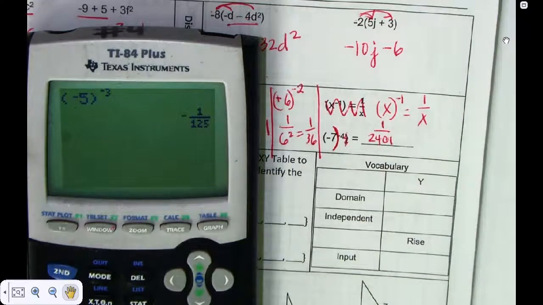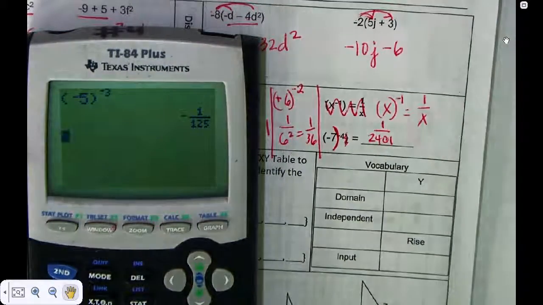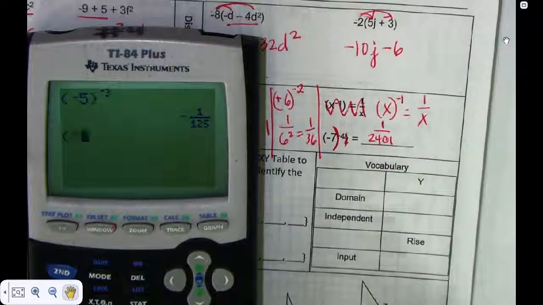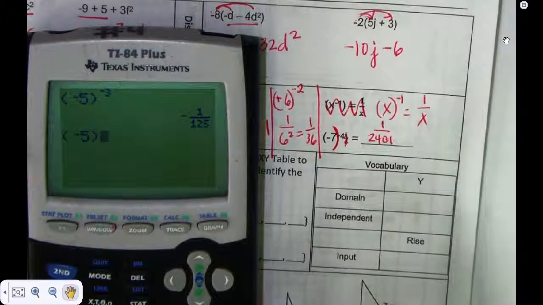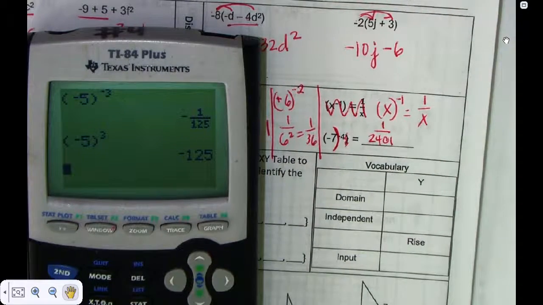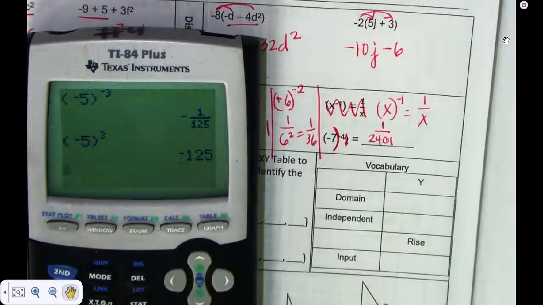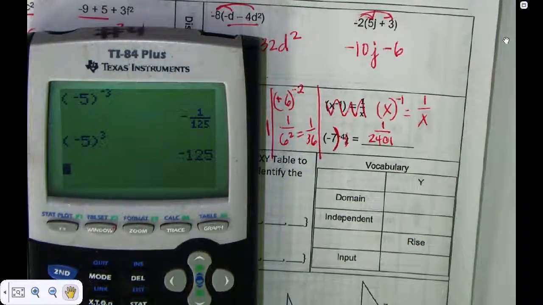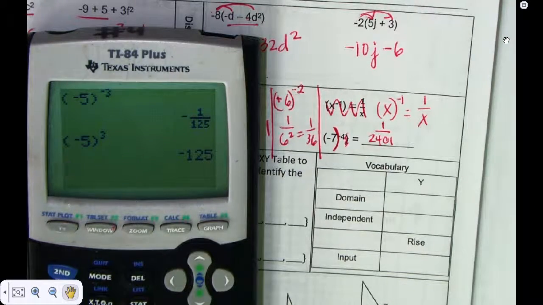The 3 is odd. Guys, if you take, let's just do this in parentheses, do -5 arrow, close the parentheses, arrow to 3. You're going to get -125 because it's odd. It's -5 times -5 times -5. 3 negatives make a negative. Right? Negative times negative times negative is a negative.